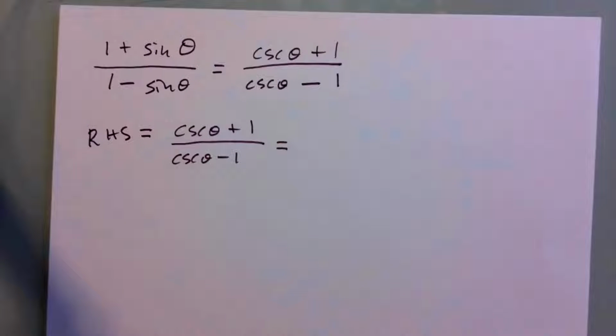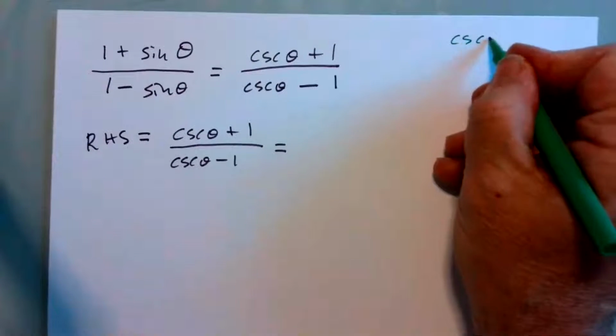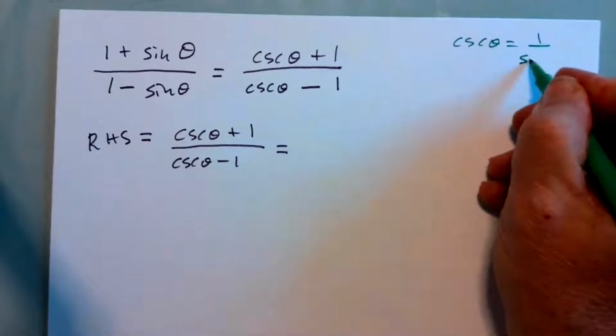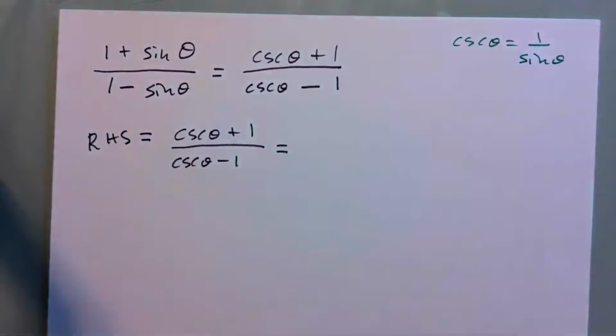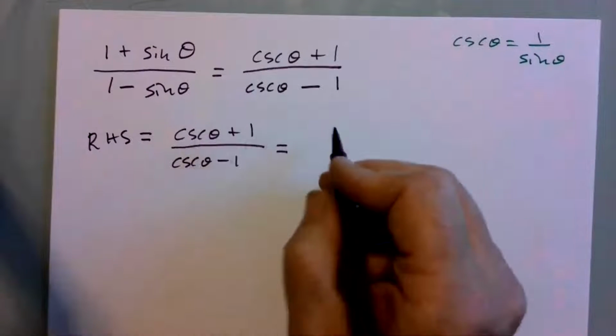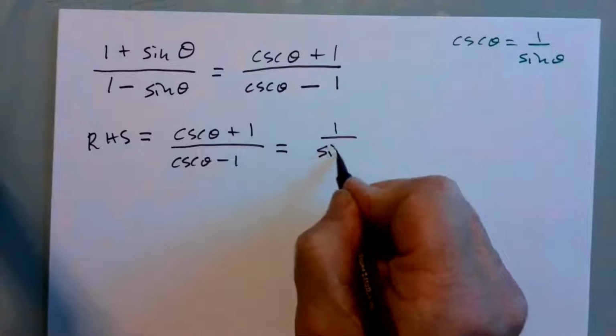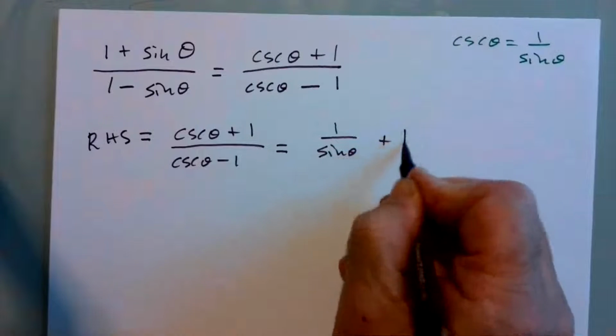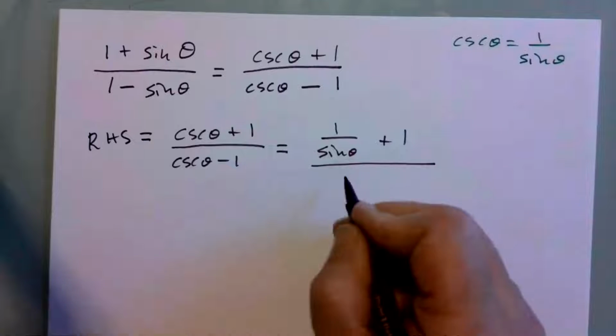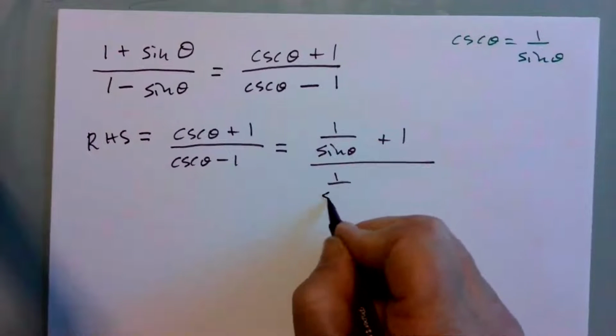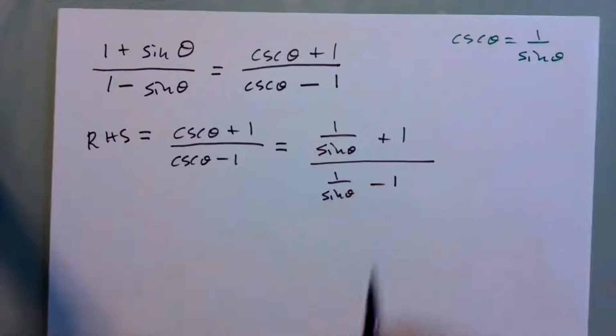Now, hopefully we remember our basic facts. We know that cosec theta is 1 over sine theta. So then I'm able to go ahead and rewrite this. Cosec theta now is 1 over sine theta plus 1 divided by 1 over sine theta minus 1.